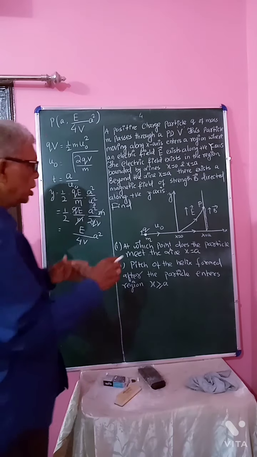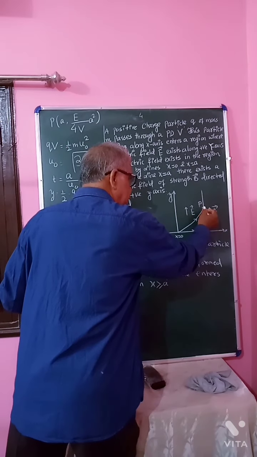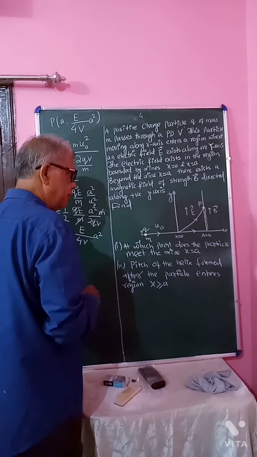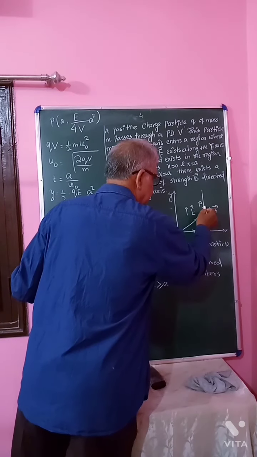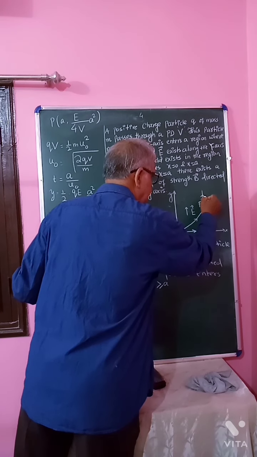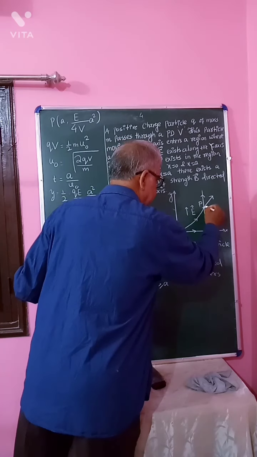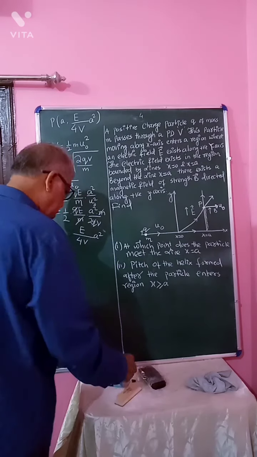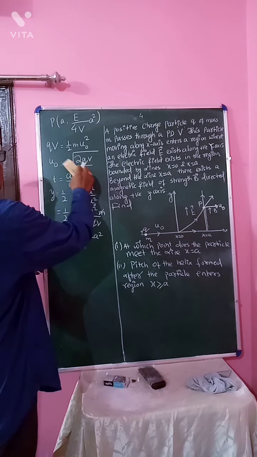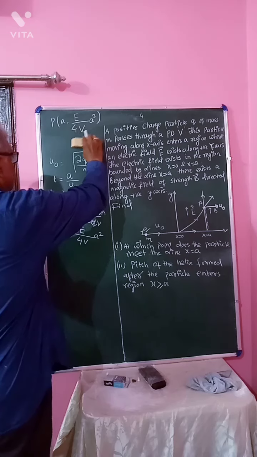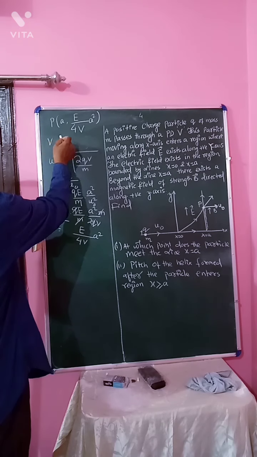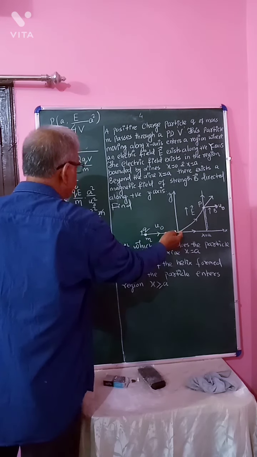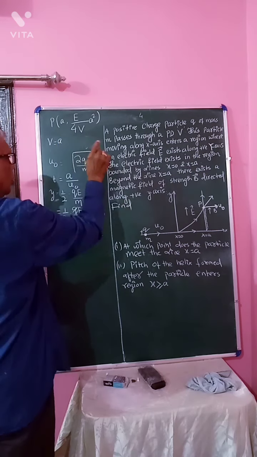But when the particle reaches the point P, it has a velocity with a y component of motion and an x component of motion, which is the same as u0. The velocity along the y direction is v, final vertical velocity, with initial vertical velocity 0, so v equals u plus at.